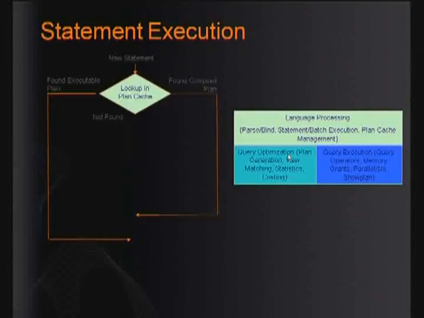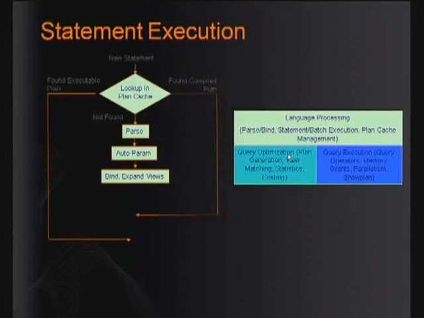So query optimization consists of parsing again, doing auto-parameterization if they need to, binding and expanding views, right? A view is just a different name for a series of SQL statements. And so they change the view into the SQL statements that it composes. Then matching the statistics and costing the plan.